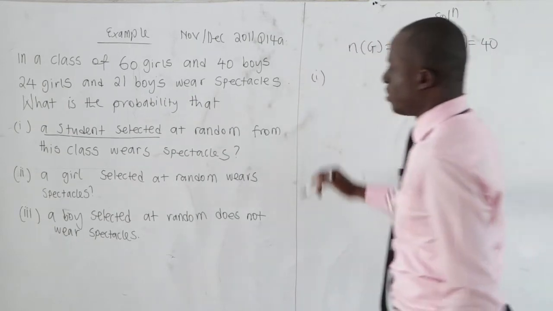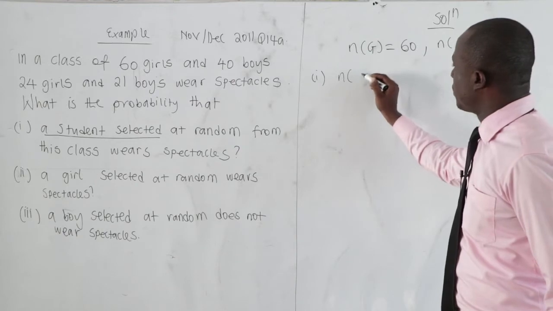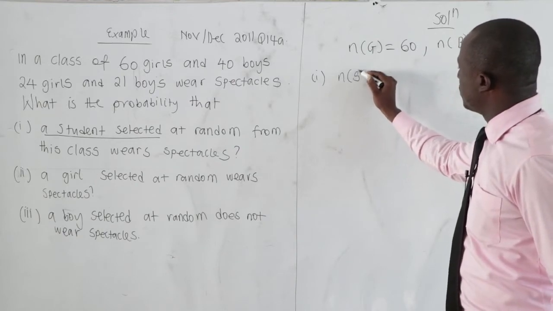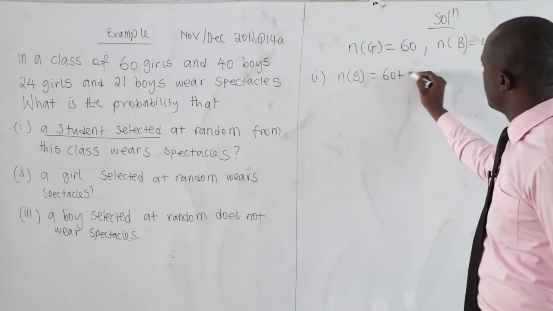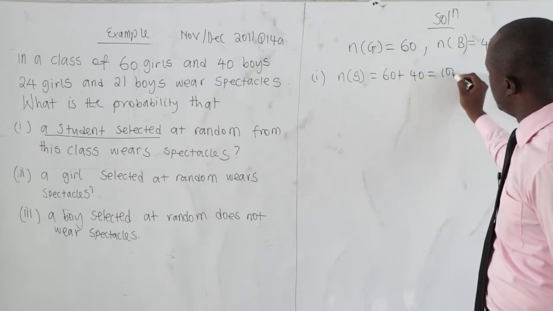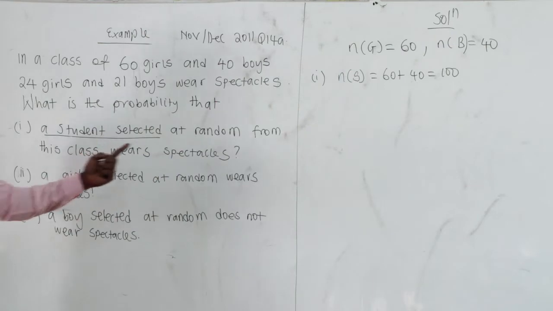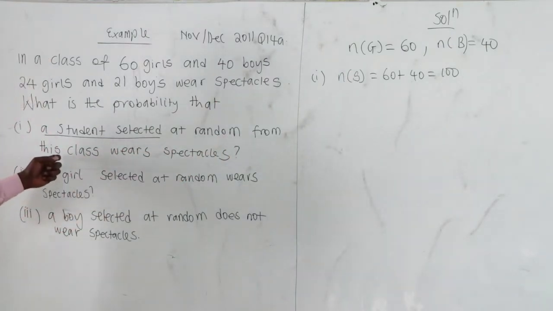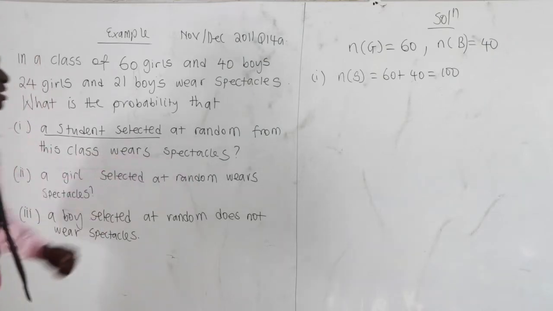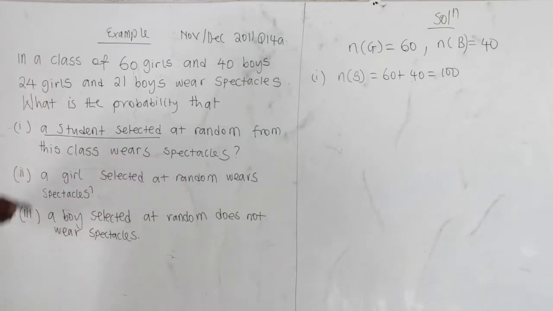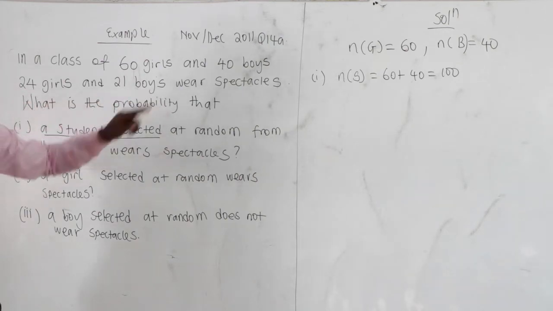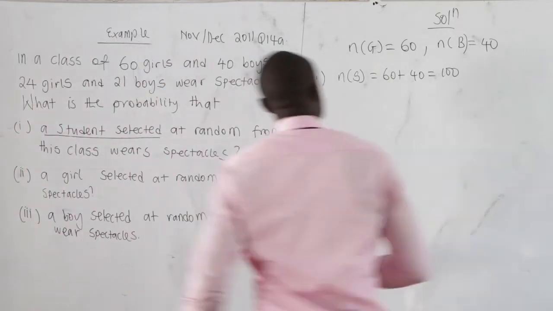Now, the first one, our sample space is 60 plus 40, equal to 100. If a student is selected at random from the class, what's the probability that the student wears spectacles? Now let's see those who wear spectacles. 24 girls wear spectacles, and then 21 boys wear spectacles.